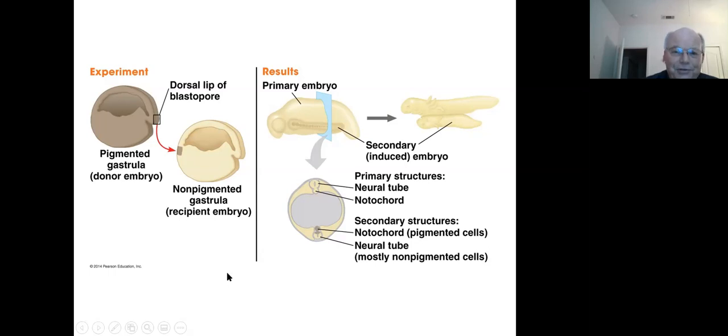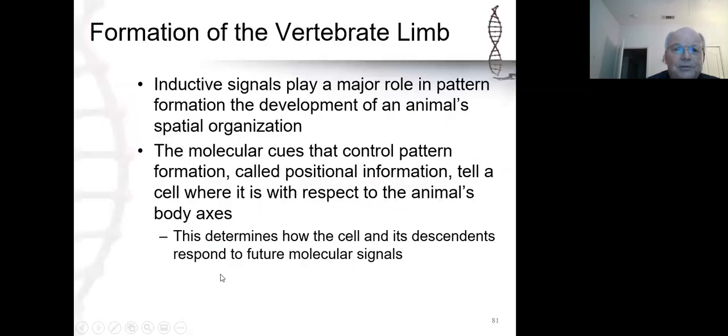In fact, we're going to take a look at another inducer that is involved in the regulation of vertebrate limb formation, because this is also an interesting one. And there's a lot more known about this one because the manipulation has been done in chick eggs. It's also been done in Drosophila, and we know that the proteins that are involved here are extremely highly conserved.